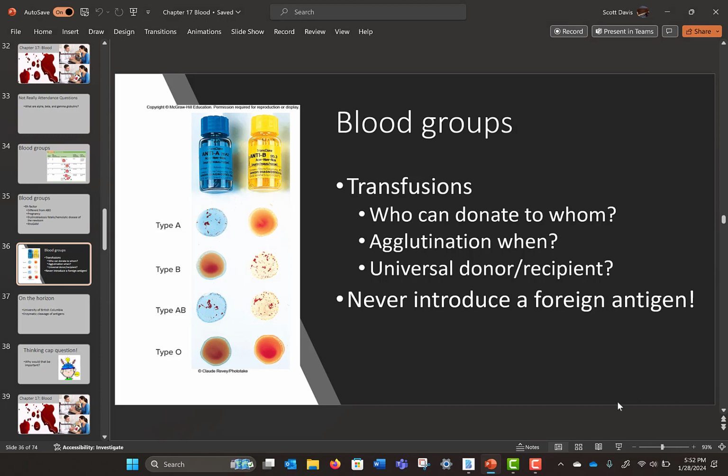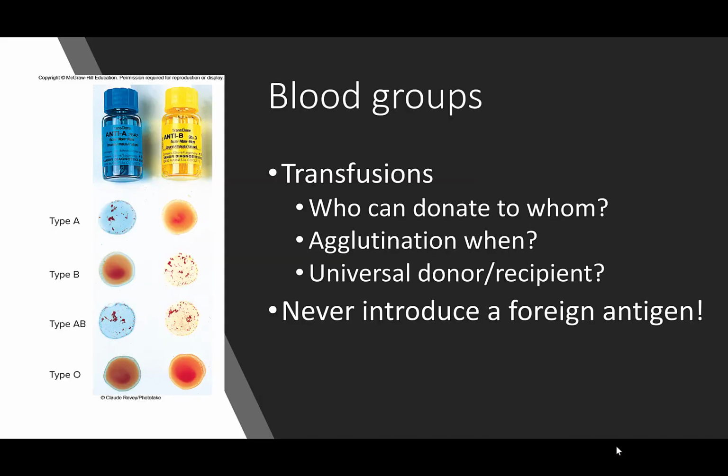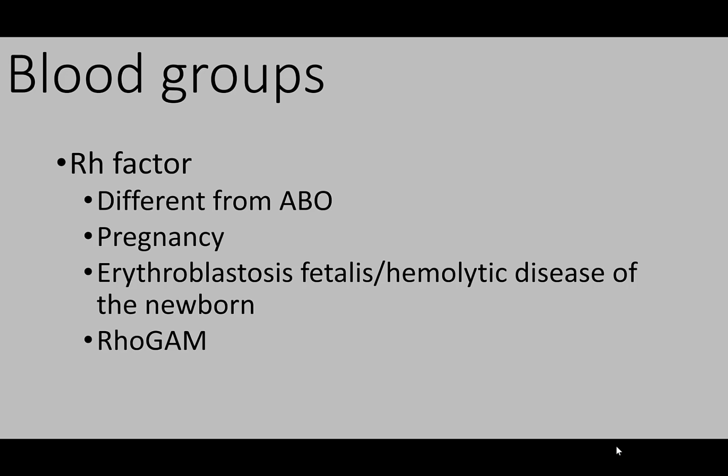So, what do we do in that case? In that case, mom is given something called RhoGAM. RhoGAM is something that blocks mom's anti-Rh antibodies to prevent that reaction from happening.